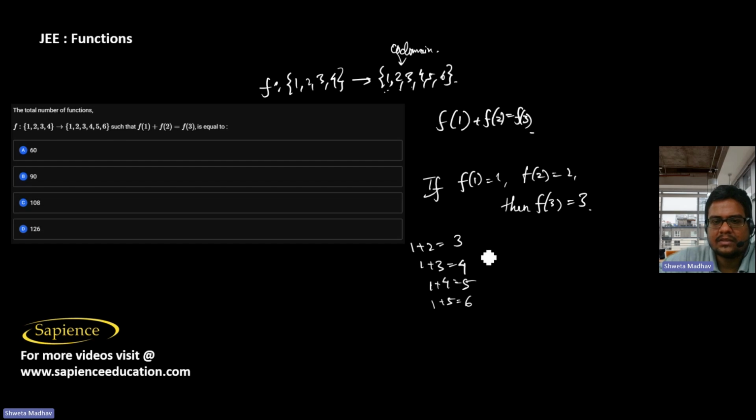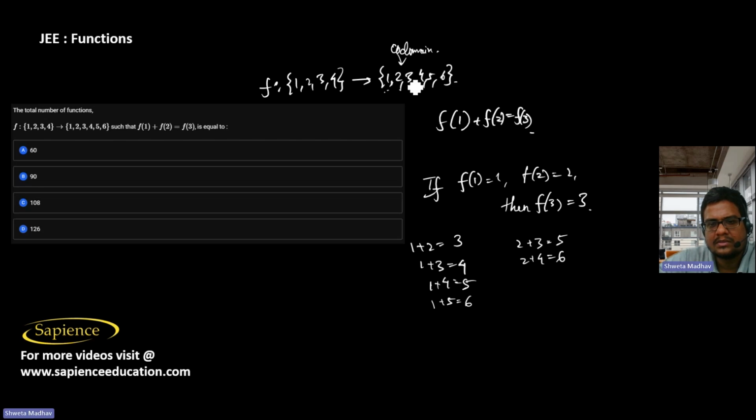Or here we can have 2 plus 3 that can be 5, 2 plus 4 that can be 6. 2 plus 5 we cannot take.